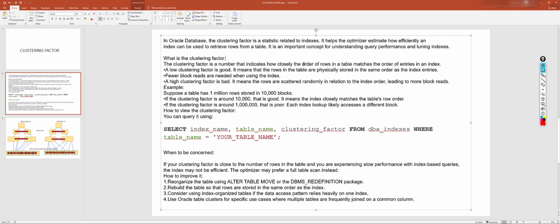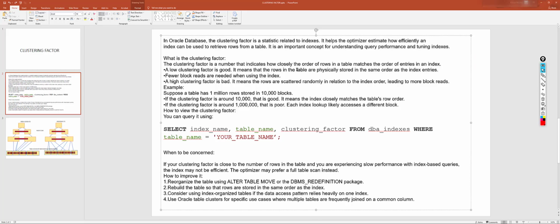So we cannot do anything. Once we create the table and insert the data, we cannot change the order of rows, right? Unless we do some move operation, right? So we are moving the table to a different tablespace, something like that, right? So this is where the clustering factor comes into the picture. A low clustering factor is good, okay, and it means that the rows in the table are physically stored in the same order as the index entries, right?